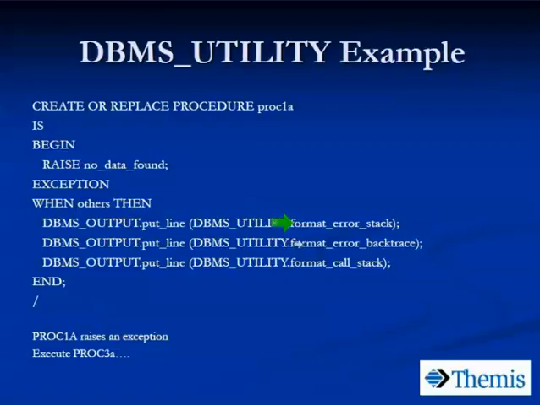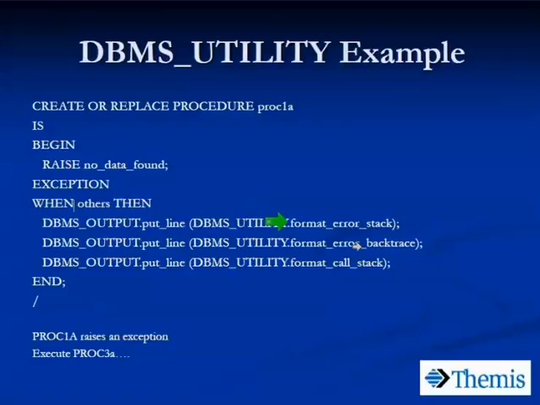And I usually put them in this order because you'll see with the error stack, it's kind of high level, doesn't give you a whole lot of information. Calling the program format error stack, a lot of you probably have used this. There's a function called SQL error message, SQLERRM.